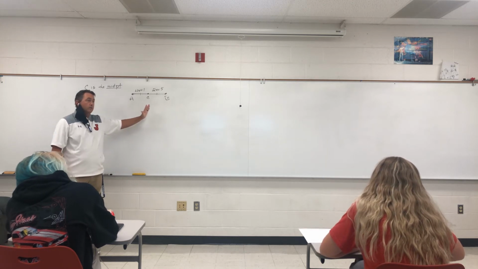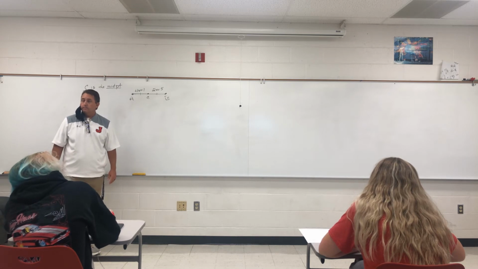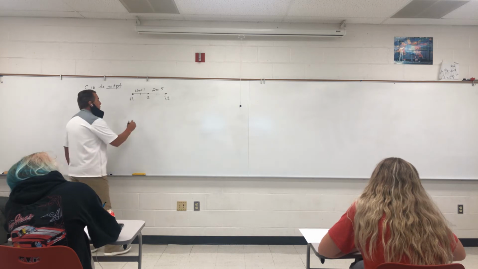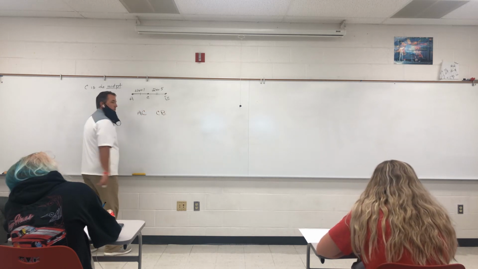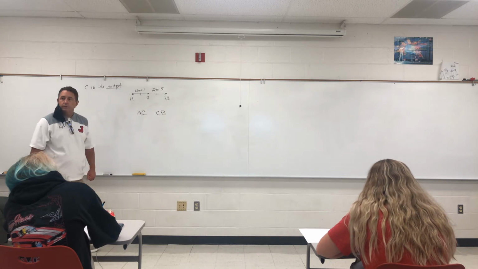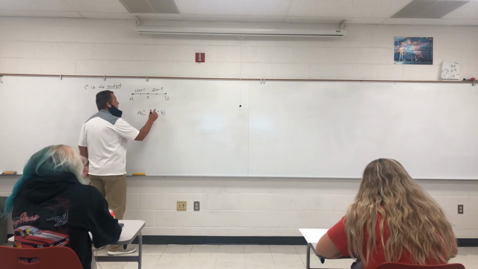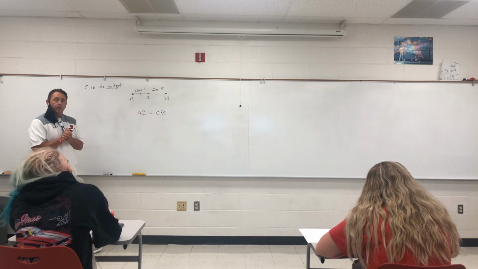Or can I just say these two things are equal to each other? If we know that's in the middle and those two parts are equal, what is true about AC compared to CB? Yeah, they're equal to each other. Would you guys agree with that? So when we have a midpoint problem, we know that AC equals CB. Okay, is everybody with me so far?